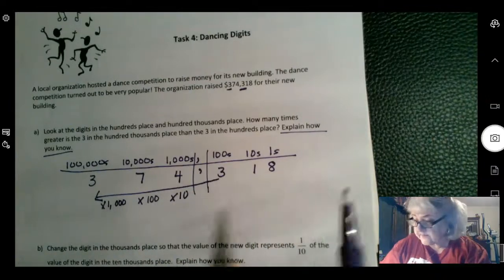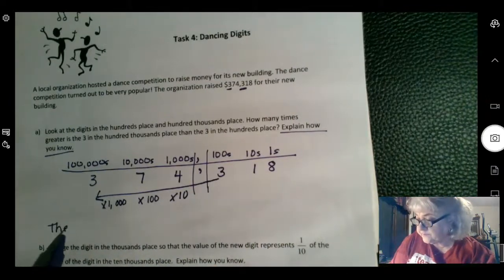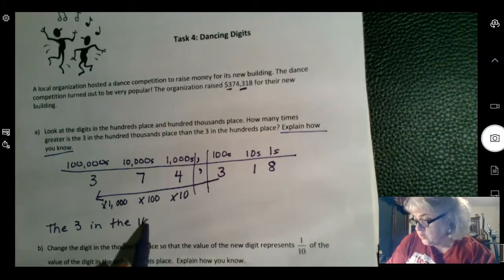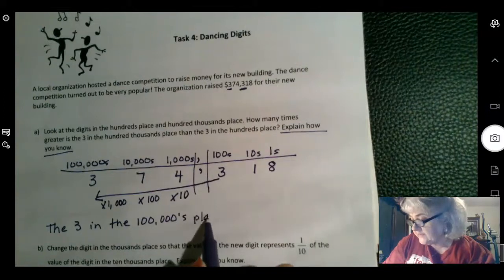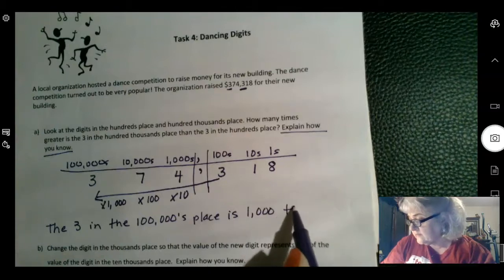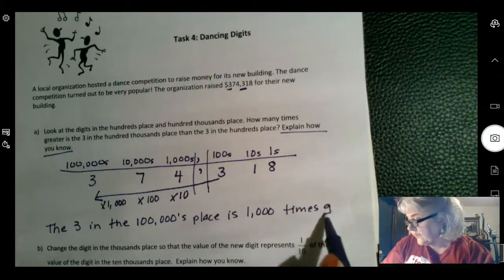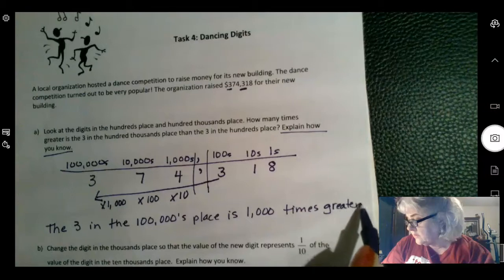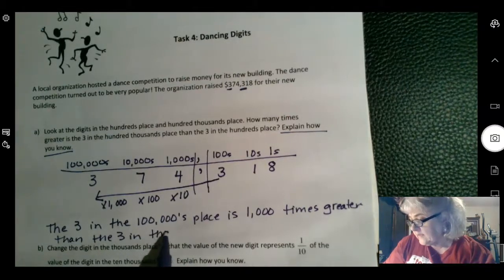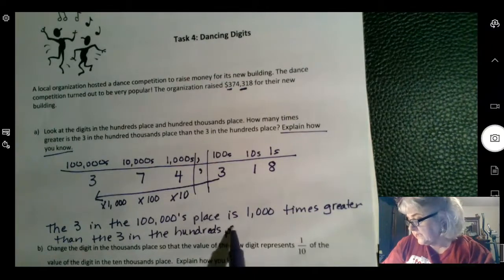So, in my explanation, I would put the 3 in the hundred thousands place is 1,000 times greater than the 3 in the hundreds place.